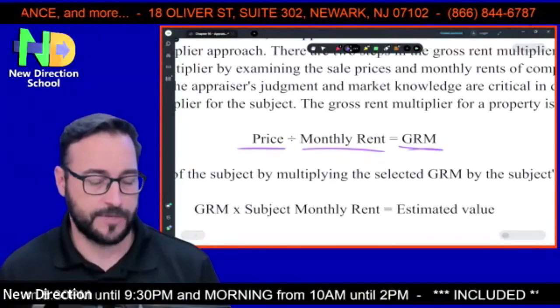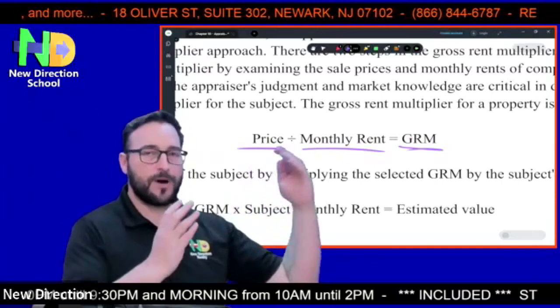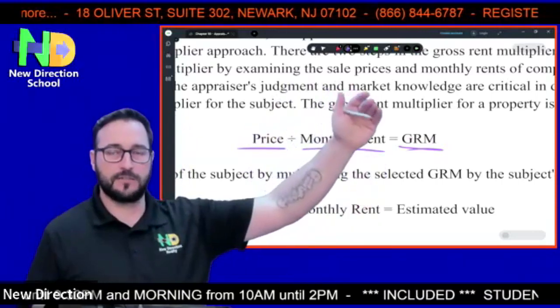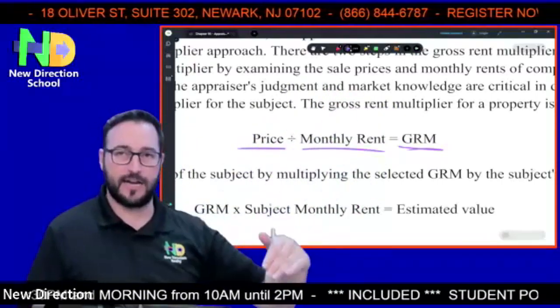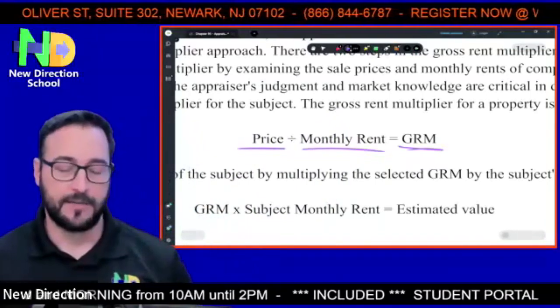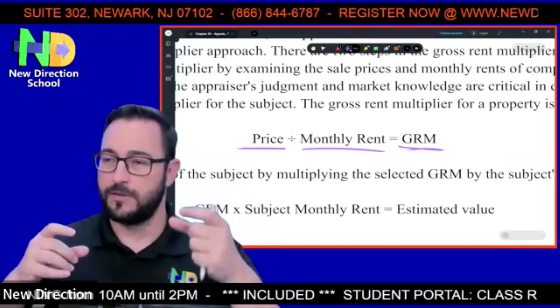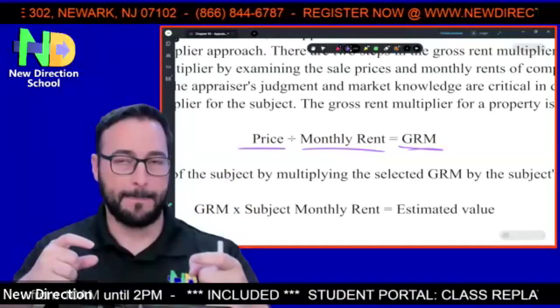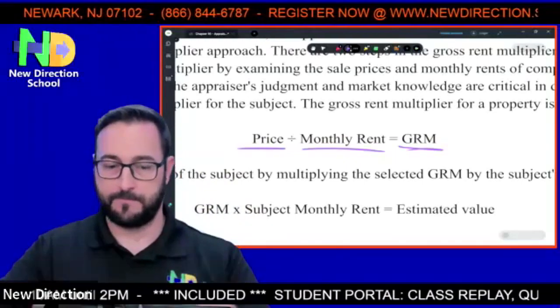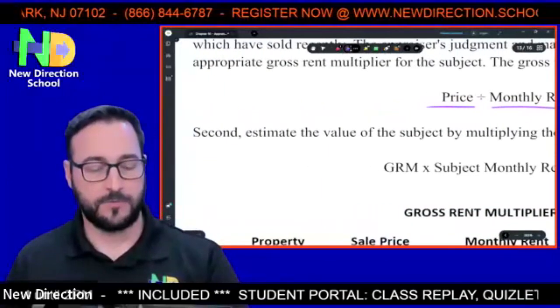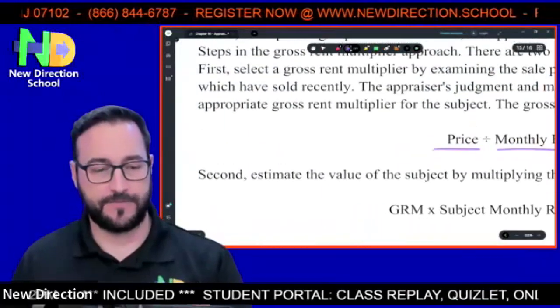Price divided by monthly rent equals GRM. So we're going to look at properties that sold for $200,000, how much income they were bringing, divide that. That gives a GRM, similar to a cap rate, meaning it's the number that we're going to identify to use on our property.